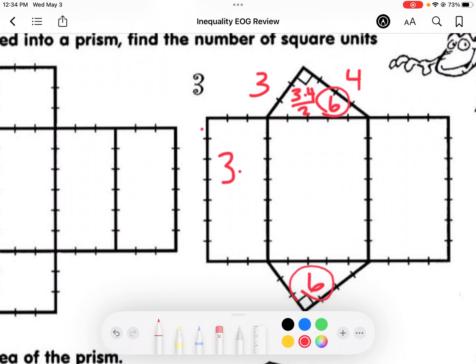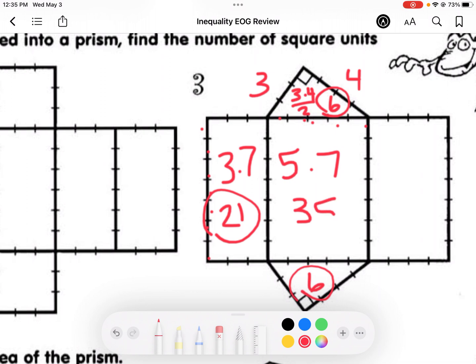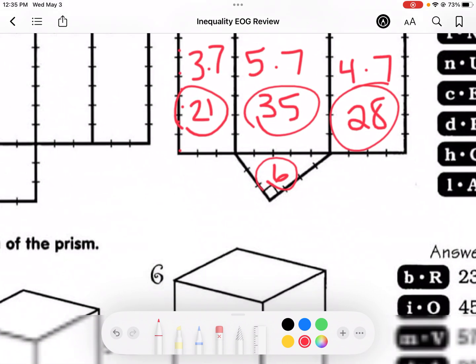And then 3 times 7, I get 21. 5 times 7, I get 35. And then 4 times 7, I get 28. So then I'm going to take all these numbers and add them up.